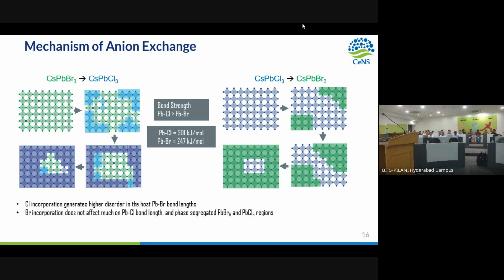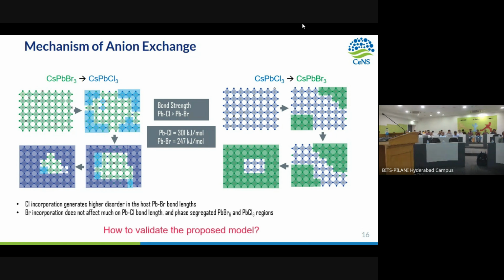So when we add some amount of chlorine, it can easily destabilize the PbBr6 octahedra, because the PbCl bond is stronger, so it can go inside. But when you start with PbCl6 octahedra, that is stronger, so PbBr cannot get into that same octahedra. It remains phase segregated.